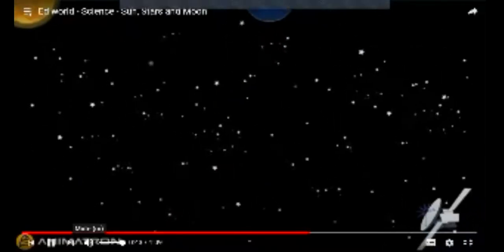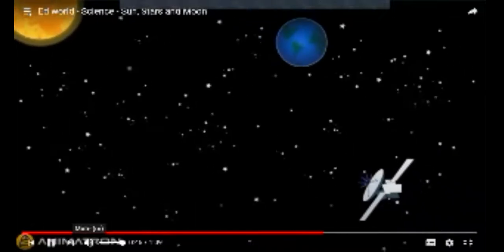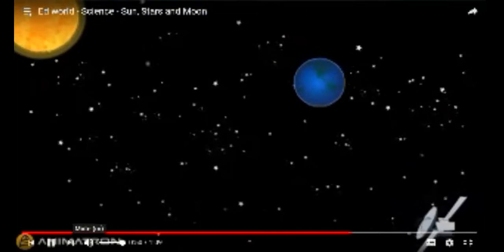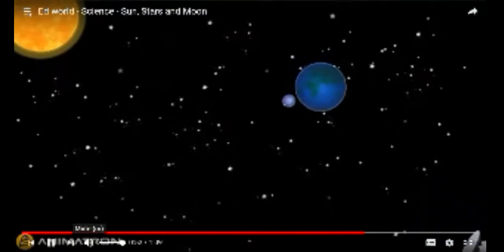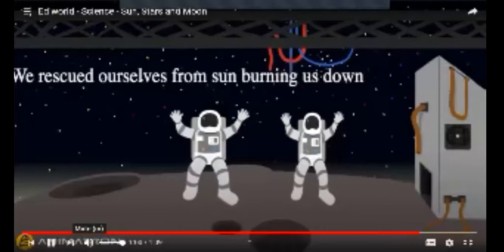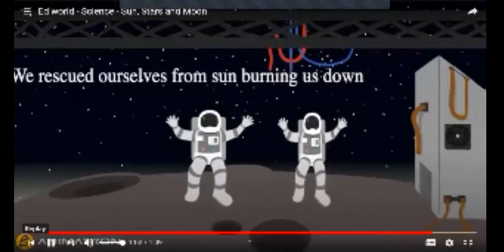Astronauts can visit space, but they must always stay away from the sun. Because when the satellite comes, they wait, and then when the sun comes further, they back away because they know it's dangerous to stay close to the sun. We can land here safely. We rescued ourselves from the sun burning us down.